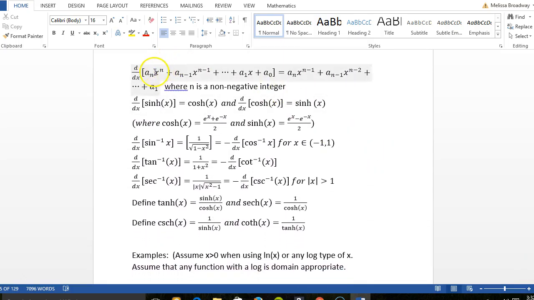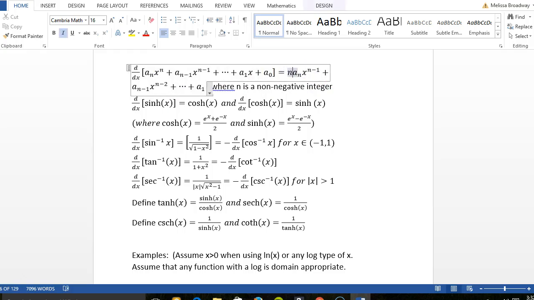Now let me generalize. You remember we brought down the r and then turned the exponent into r minus 1? We generalize that, and if there's somebody in front, it doesn't matter. I messed up again, and I need to fix it. If I differentiate this, the n goes down in front, and n minus 1 goes down in front here.